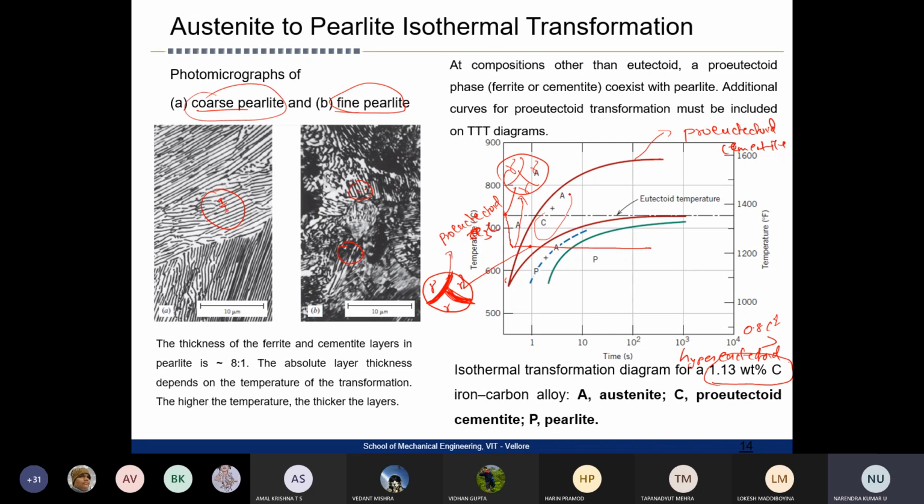Okay, this is still austenite. And now when it is going to cross this point, this proeutectoid cementite will be there. And now the initial formation of the pearlitic structure will happen around the starting range here.